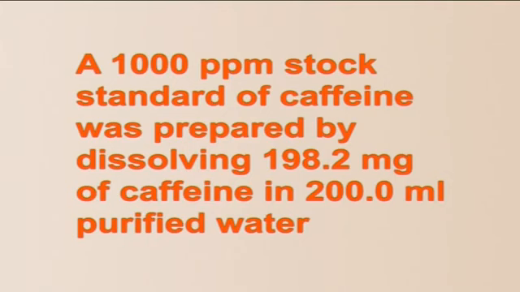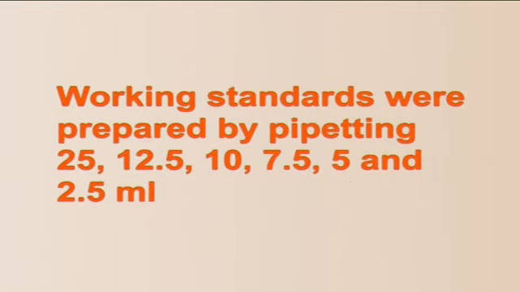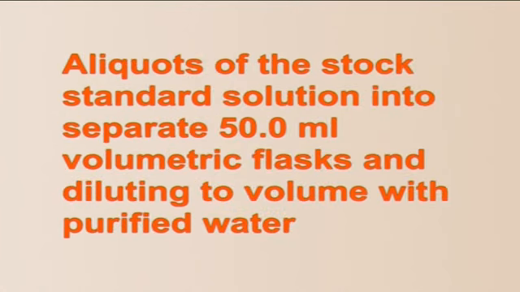A 1000 ppm stock standard of caffeine was prepared by dissolving 198.2 mg of caffeine in 200 ml purified water. Working standards were prepared by pipetting 25, 12.5, 10, 7.5, 5 and 2.5 ml of stock standard solution into separate 50 ml volumetric flasks, diluting to volume with purified water.